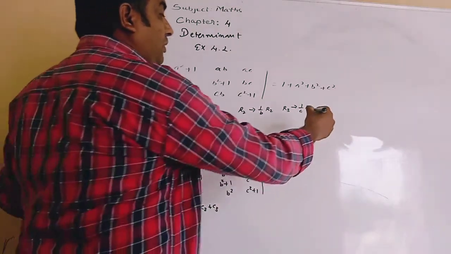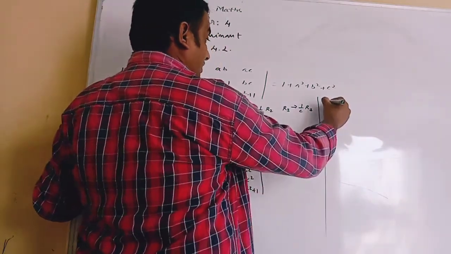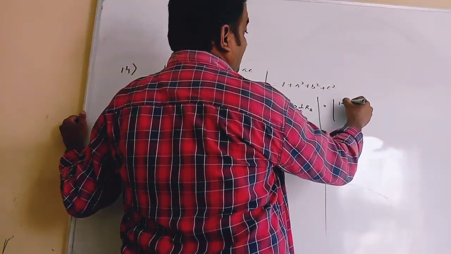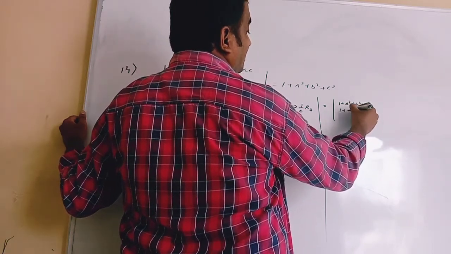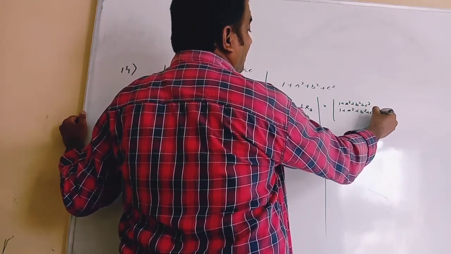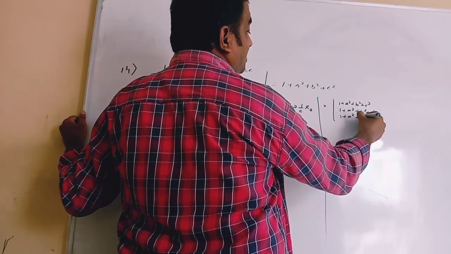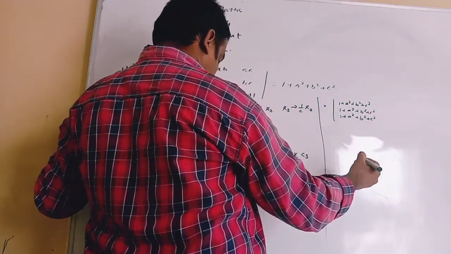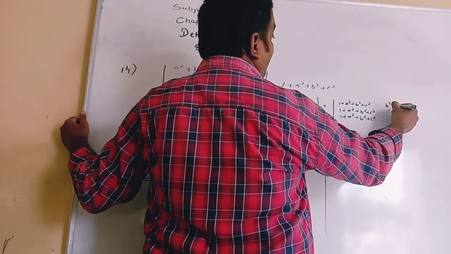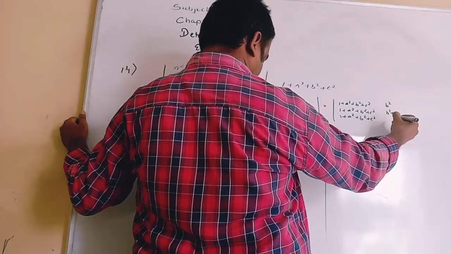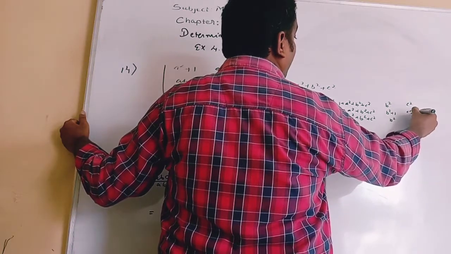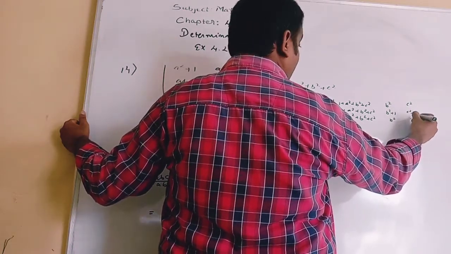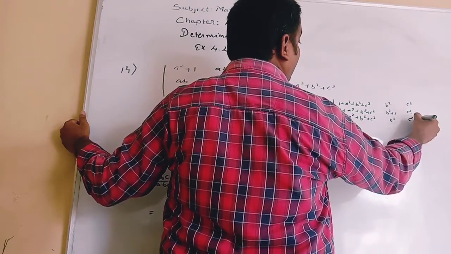Then we get the new matrix. So determinant: 1 + a² + b² + c², 1 + a² + b² + c², 1 + a² + b² + c², and here b² + 1, b², c² + 1.